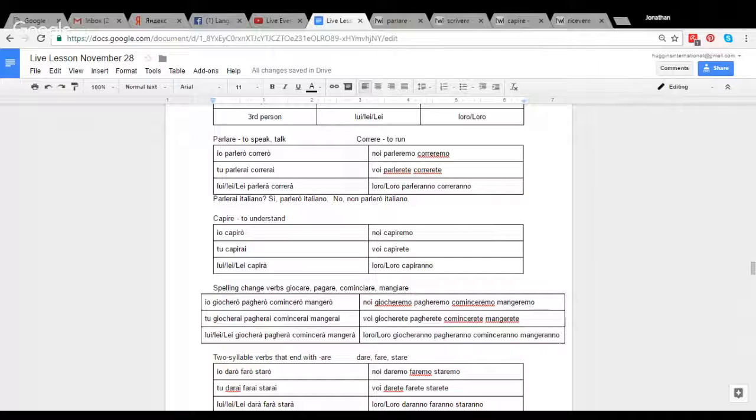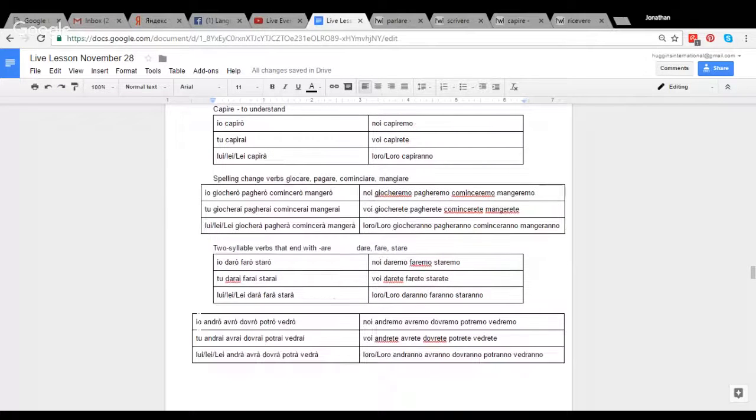Another thing to keep in mind for this future tense are some of these two-syllable verbs that end with are, like dare, to give, fare, to do, stare, to be. They'll keep the a ending. Whereas most other verbs change the a to the e, these ones will keep it, which makes it a little bit easier to identify that verb.